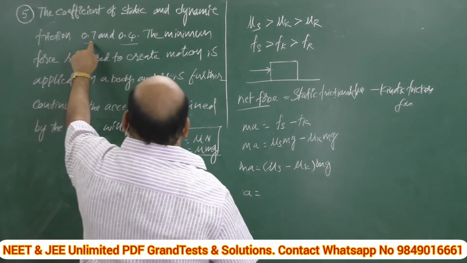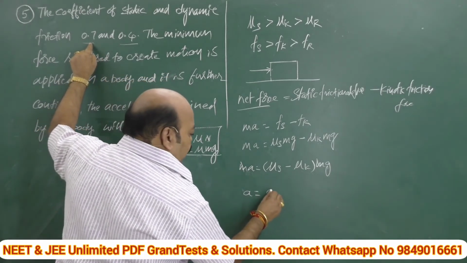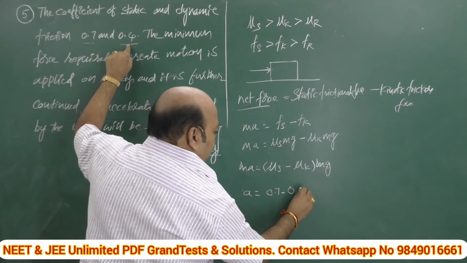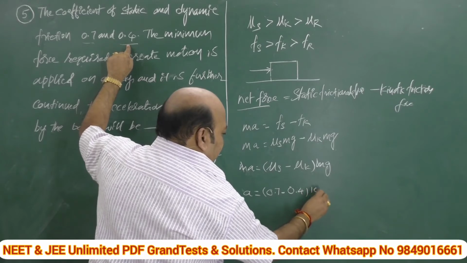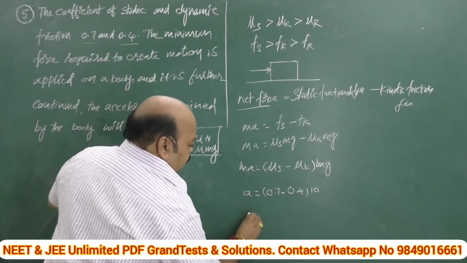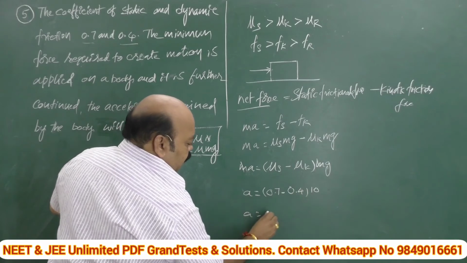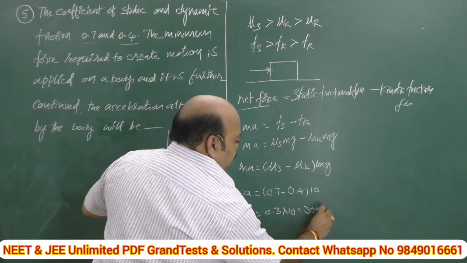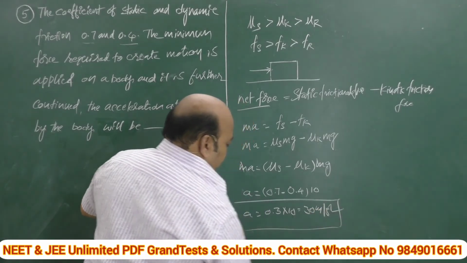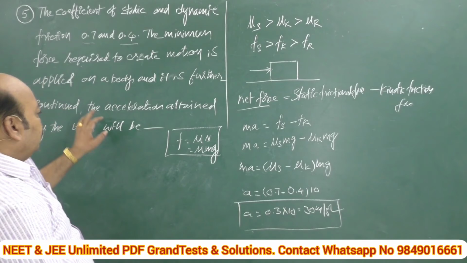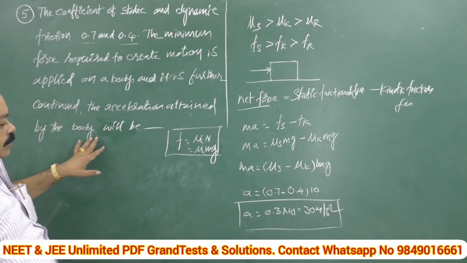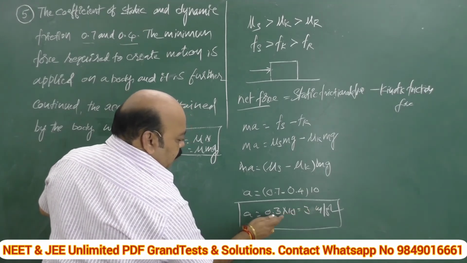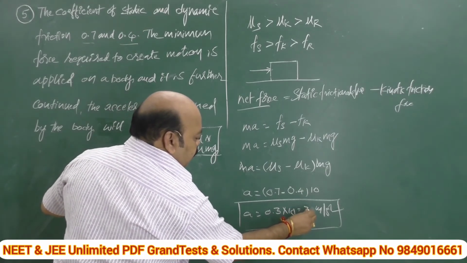What is mu s? Let us come to the data. It is nothing but 0.7 minus mu k, kinetic friction 0.4, into g. Let us take this as 10. A is equal to 0.7 minus 0.4, that is 0.3, into 10, so 3 meter per second square.